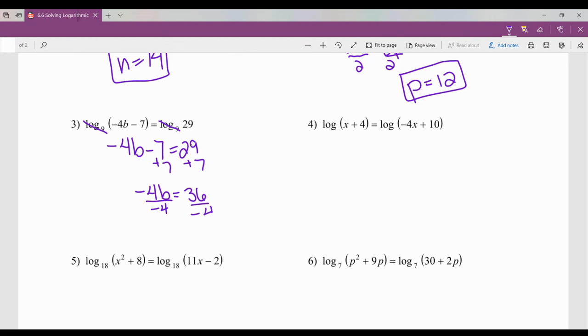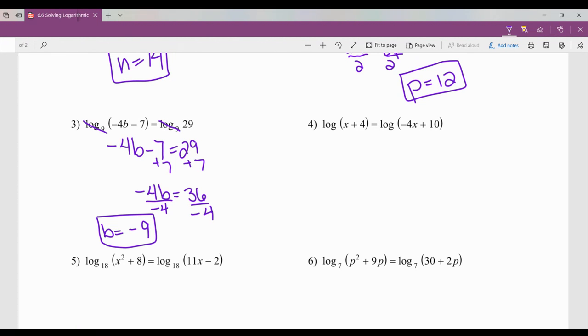So I get b equals negative 9, and I check just when I plug it back in. A negative 4 times a negative 9 is a positive 36 minus 7. That'll be a positive number, so it's okay. So b equals negative 9 works.